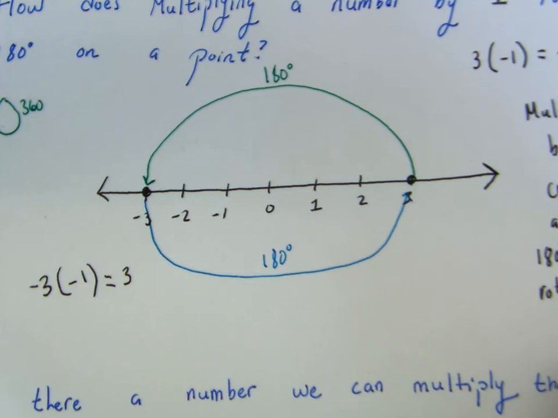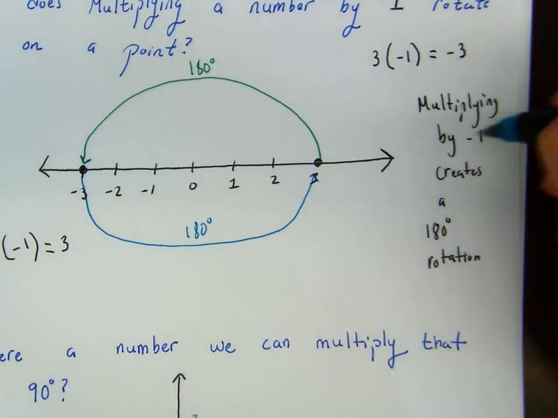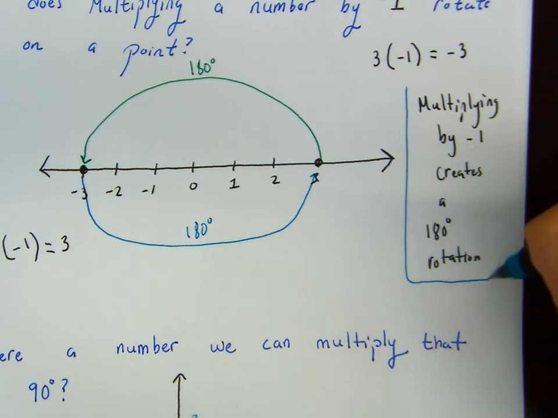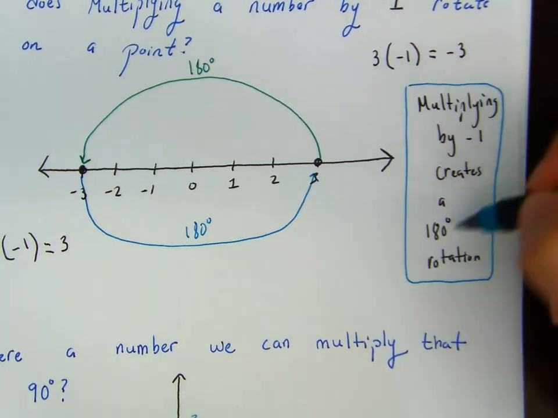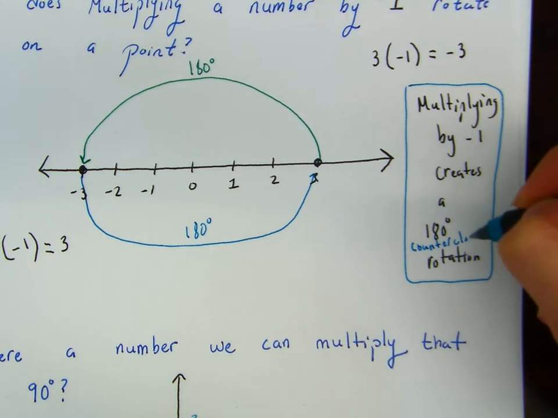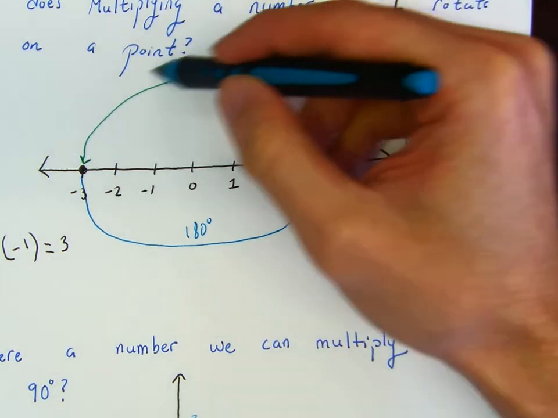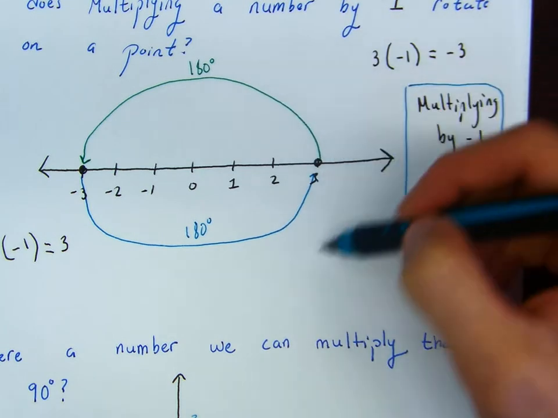So here, for the sake of today's lesson, multiplying any number by -1 creates a 180-degree, and we'll be a little bit more specific and say counterclockwise rotation. Counterclockwise means we're going this way. Clockwise is this way. Right?